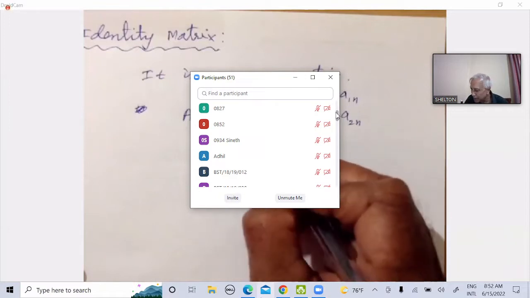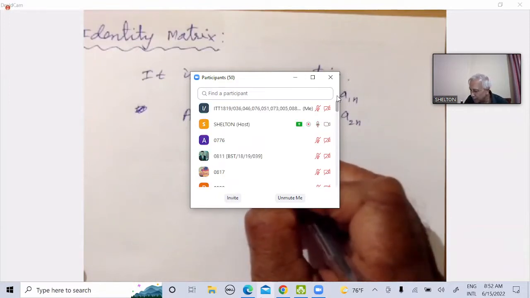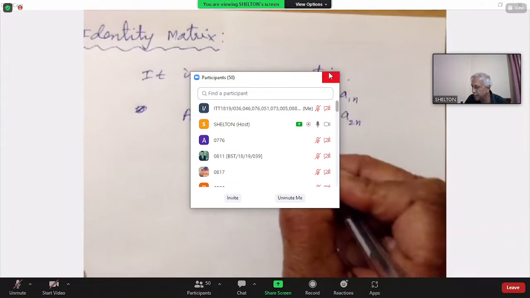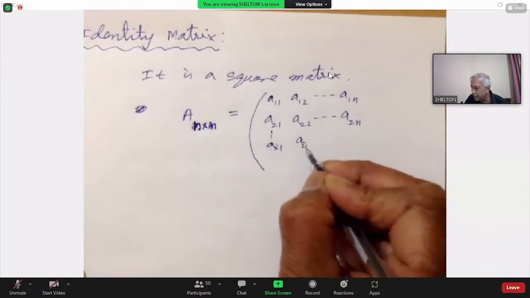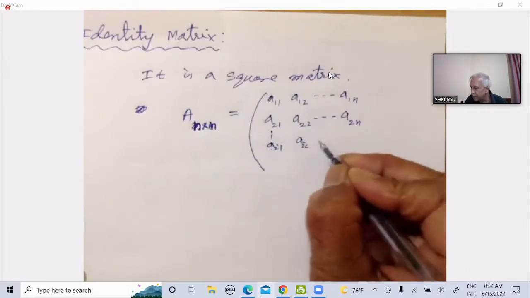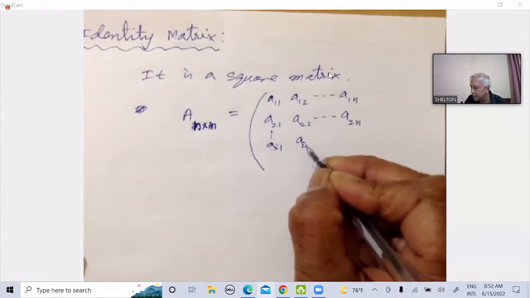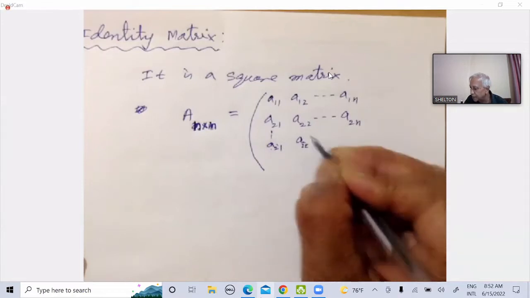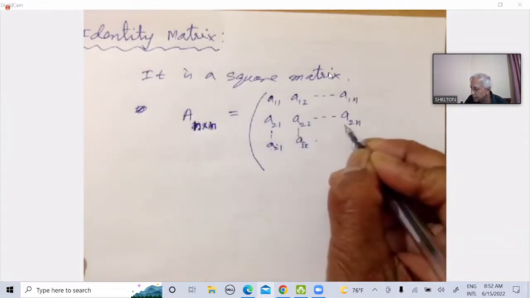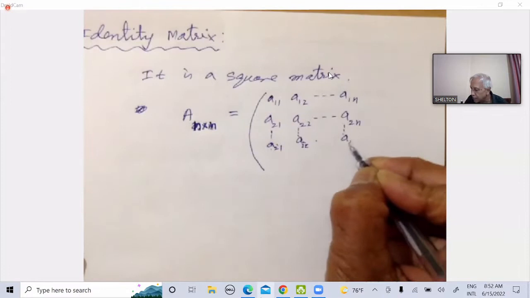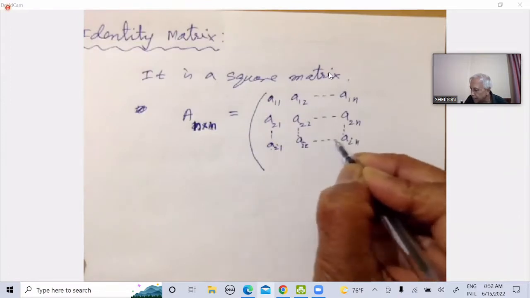Let us write the ith row also: Ai1, Ai2, up to Ain, that is the ith row.